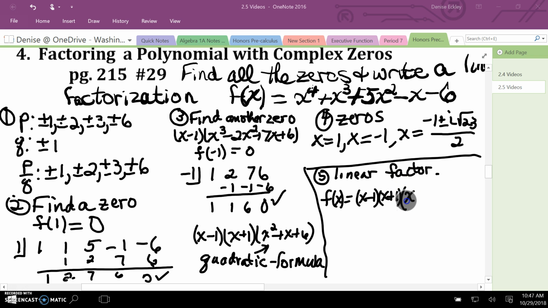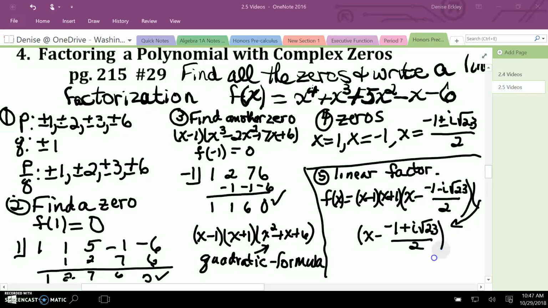Then I'm going to have x minus, and I just have to separate those two quadratics. So I have negative 1 minus i times the square root of 23 over 2. And then I'll have another one of those, and I'll have to write it down here because it won't fit. Then I have x minus negative 1 plus i times the square root of 23 over 2. And that's your linear factorization.